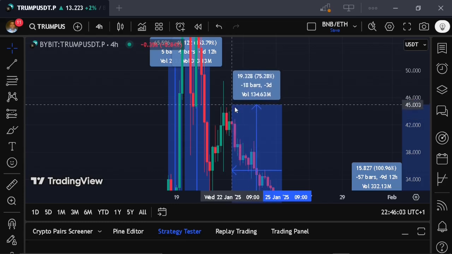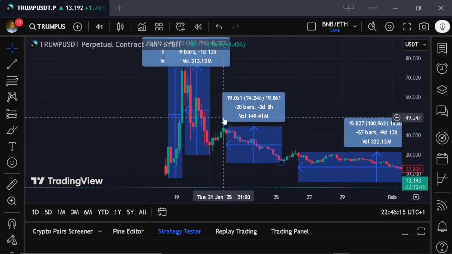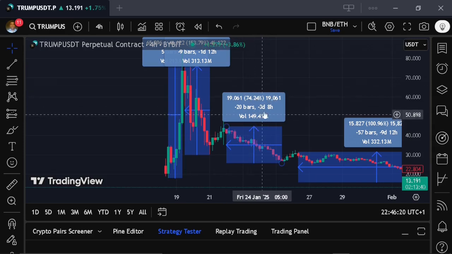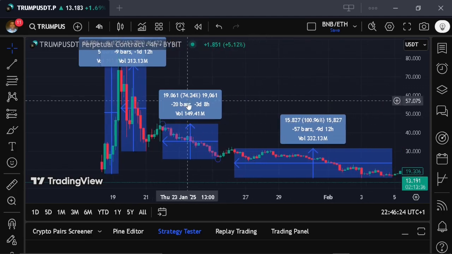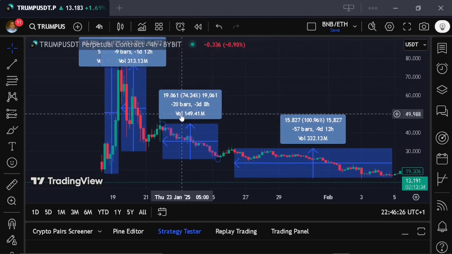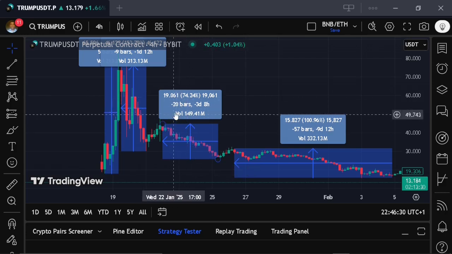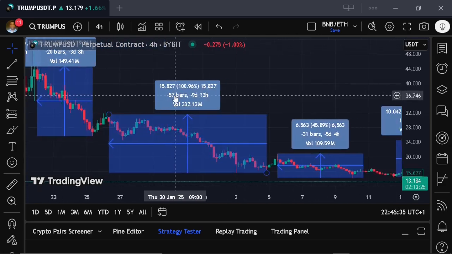From the highest price of this red candlestick bearish trend starter, the price action of this cryptocurrency dipped down to 74.24% in 3 days, 8 hours. And the best part, you would have made over 50% profit if you were to short trade this cryptocurrency on this bearish trend session. With that, let's move on to the next session.